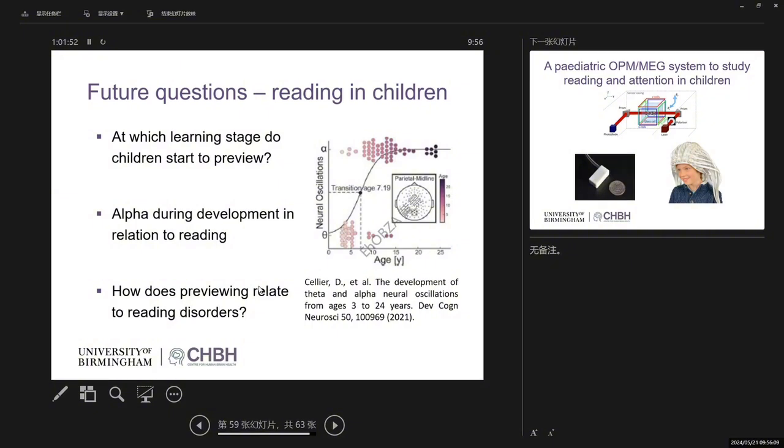So actually, it is exactly in the age range when alpha oscillations accelerate in frequency that children also learn to read. So one can, for instance, now ask, does the ability to acquire fluent reading rely on the alpha oscillations being mature in terms of frequency? That's something we are going to investigate.